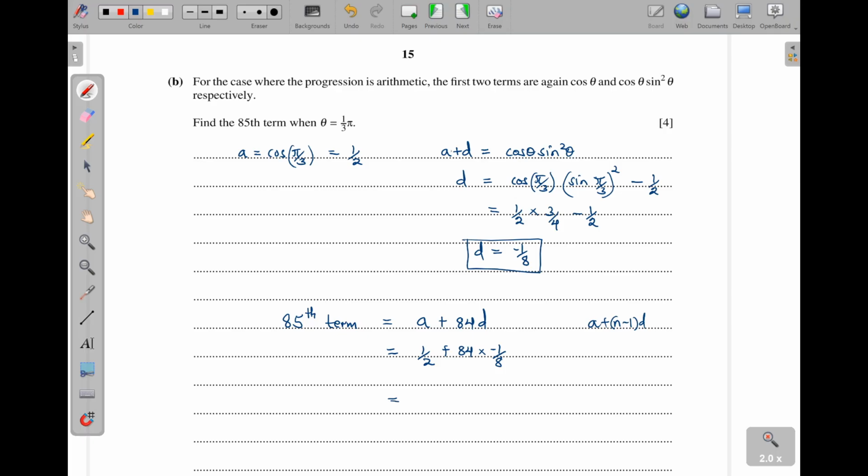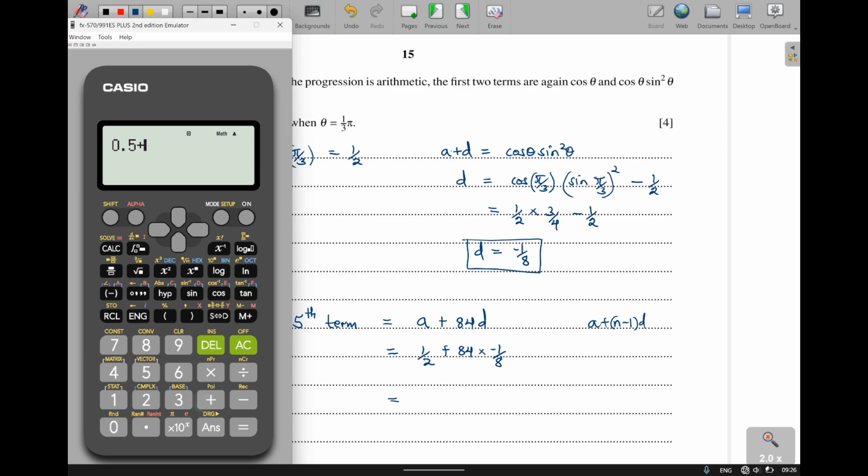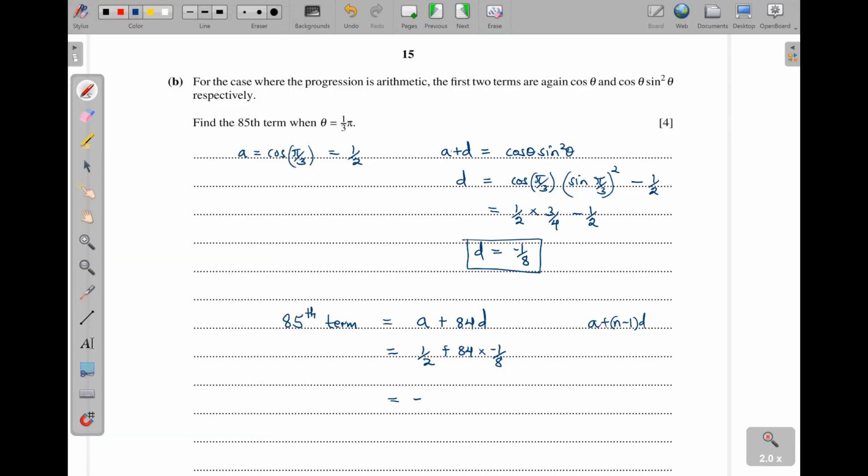So altogether, this one is going to give us 0.5 plus 84 into negative 1 over 8. So this one gives us negative 10. So our answer here is negative 10.